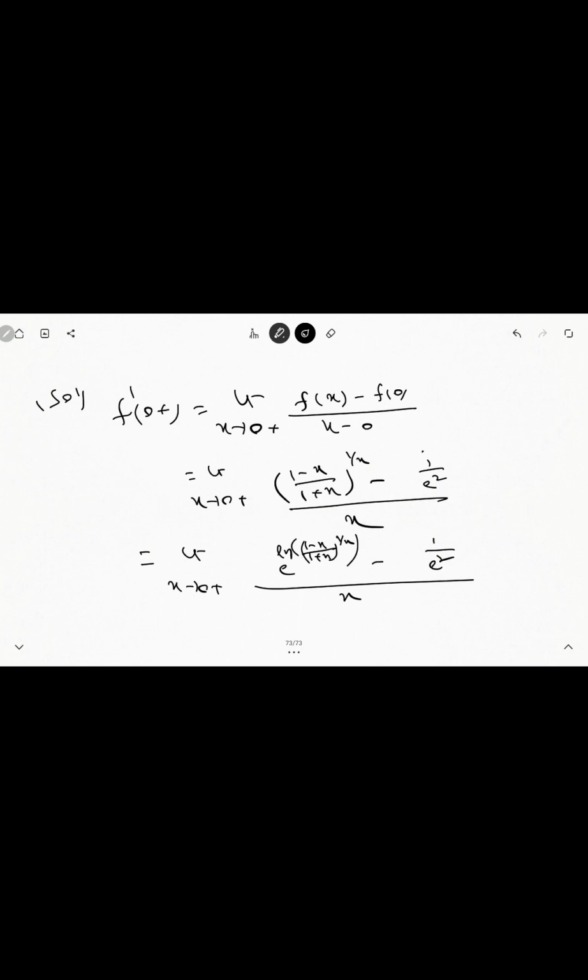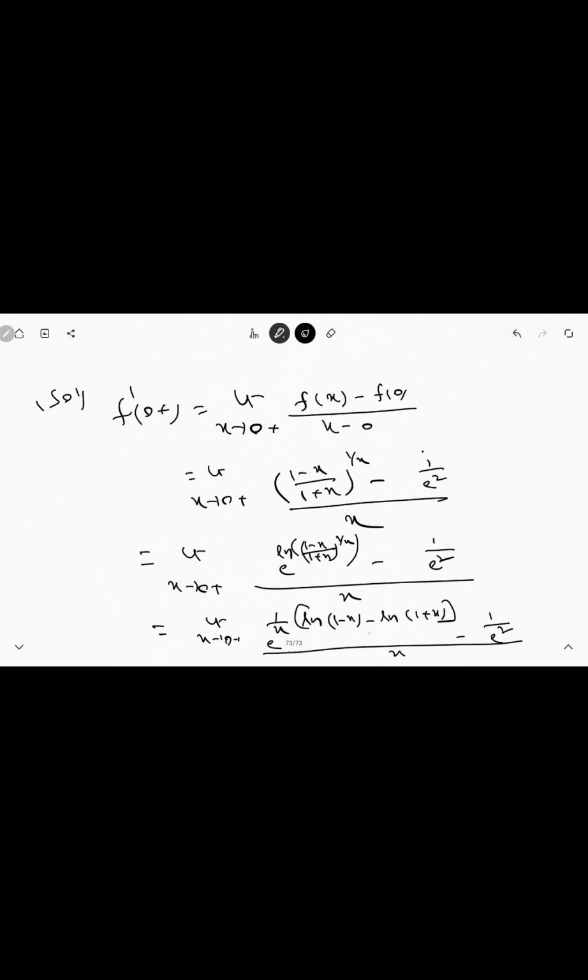Next step, limit x tends to 0 plus, you can take this 1 by x in front of the logarithm, so e power 1 by x ln of a by b. Ln a by b means ln a minus ln b, minus 1 by e square, whole by x.